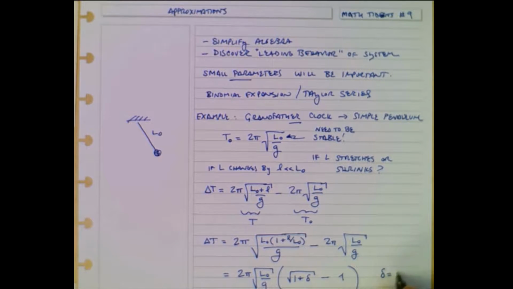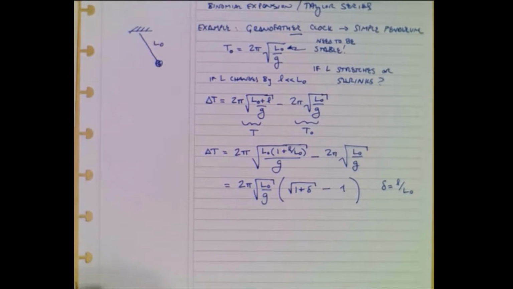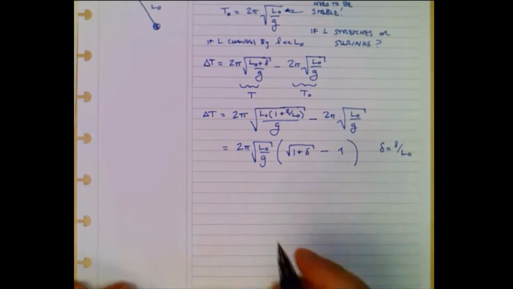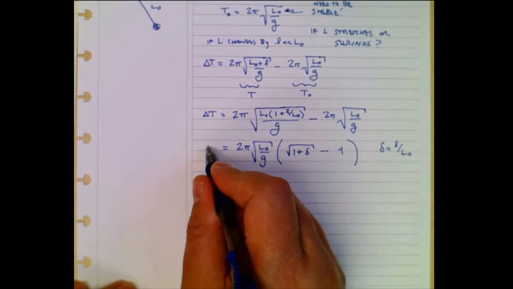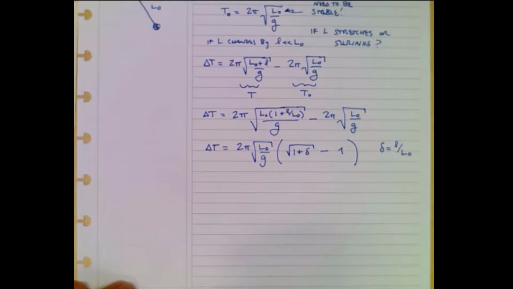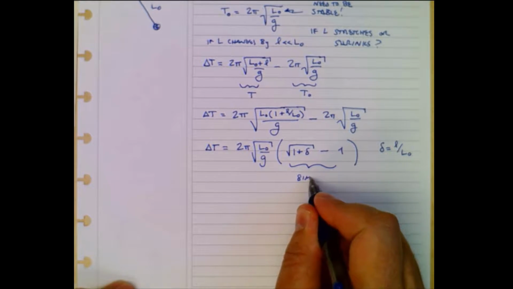Now delta we're just letting stand for little l over L0. Okay? So if little l over L0, or if delta is a small number, I'm going to be able to do something to simplify this.